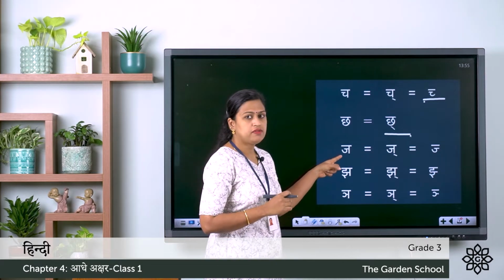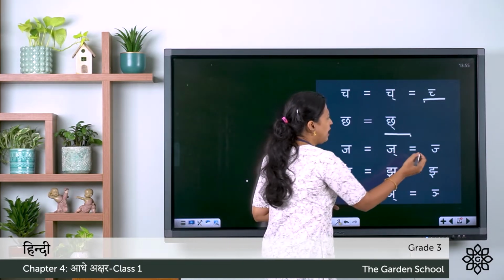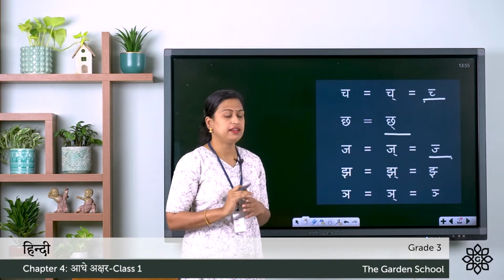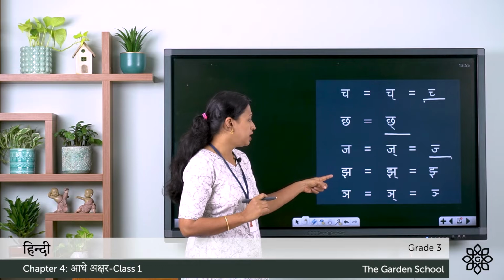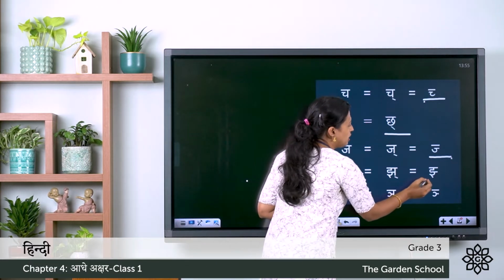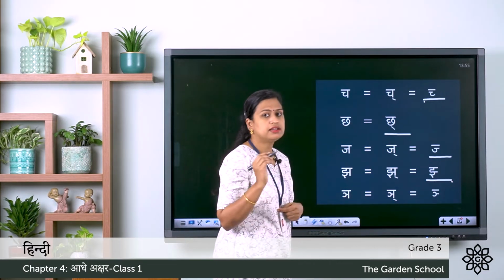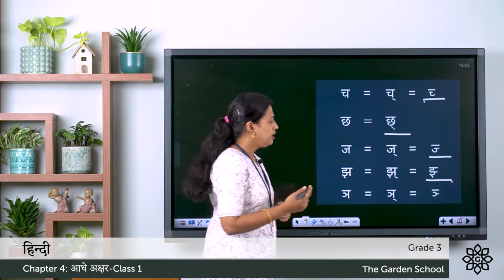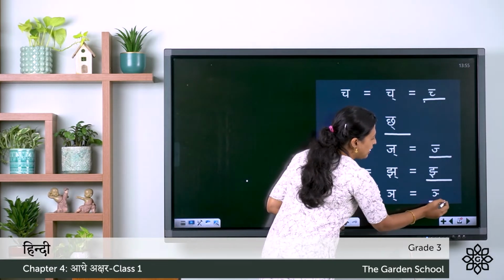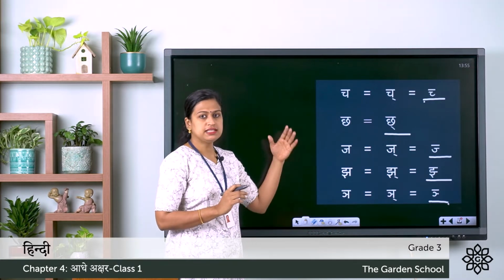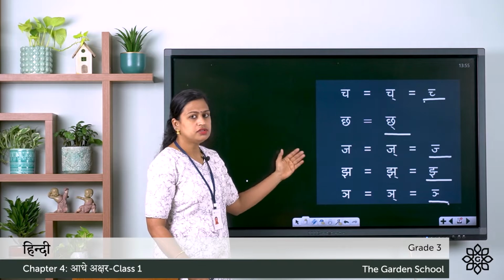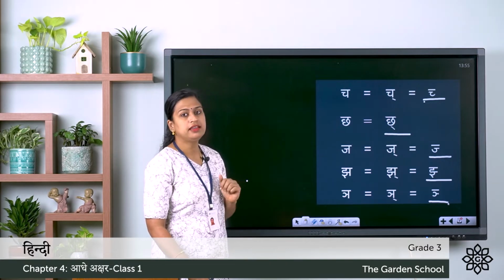Next is Ja, and this is the half form of Ja, there is no standing line. Next Jha, and here also the half form has no standing line. Next Vyanjanakshar is Iya, the standing line is also missing. So these are the half forms of Cha, Cha, Ja, Jha and Iya.